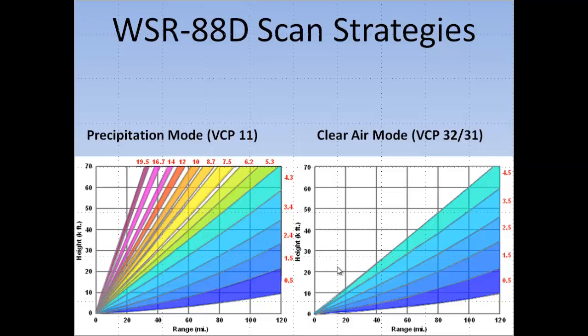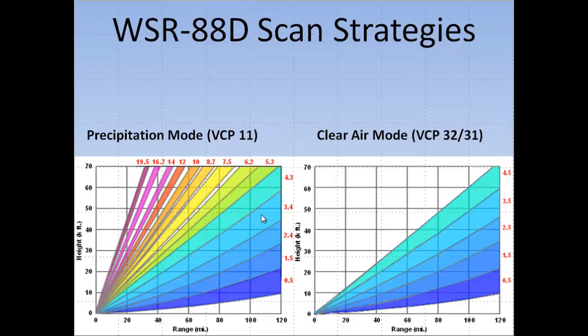On the right here is a clear air mode. It uses just a few elevation scans, just 5 on VCP 32 and 31, but the antenna rotates much slower, so you get a much more detailed picture of the atmosphere in those lower slices.